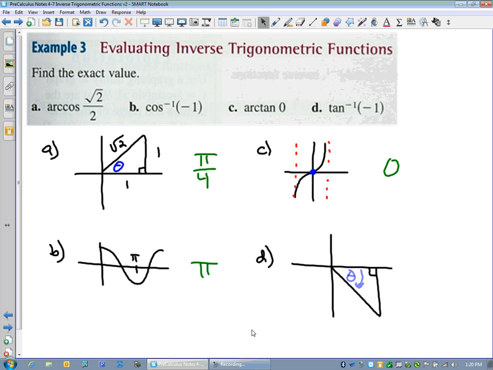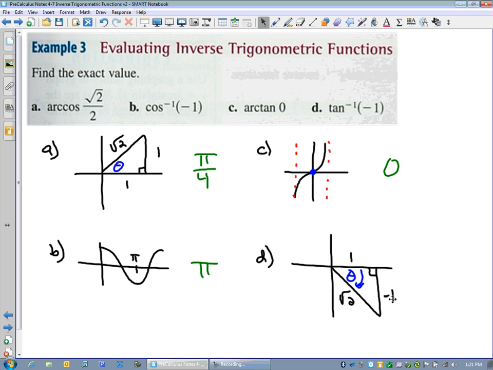Our theta is in our triangle, touching the origin. And in order to get a tangent, which is opposite over adjacent, that means my opposite would be 1, my adjacent would be 1, negative 1 over 1. That would give me a tangent of negative 1. And hopefully you recognize 1, 1, root 2.